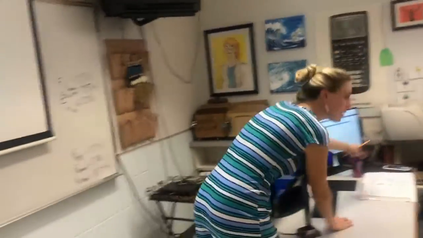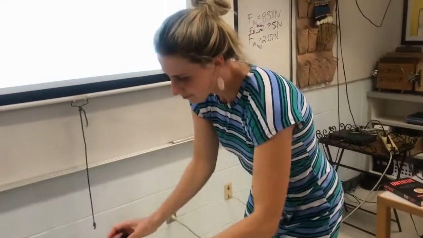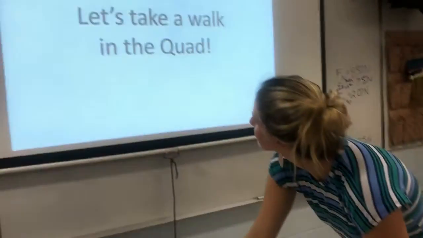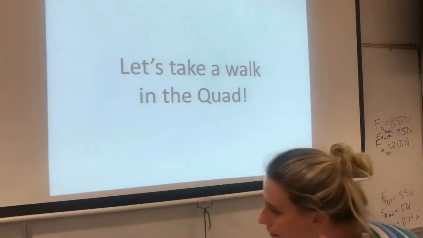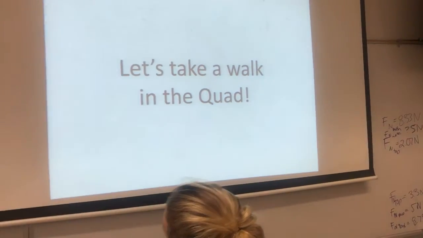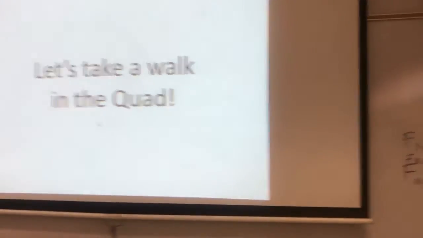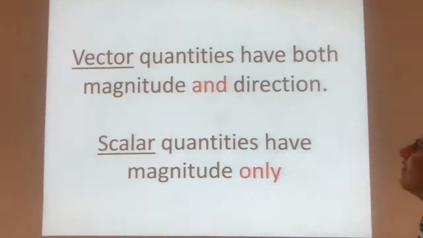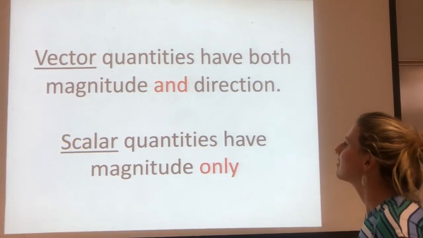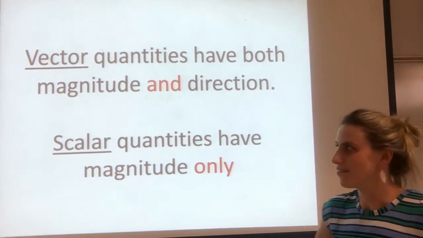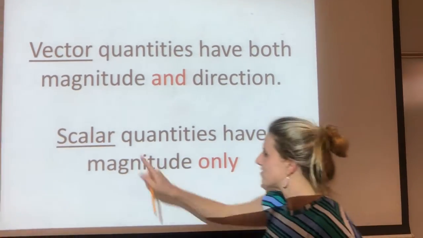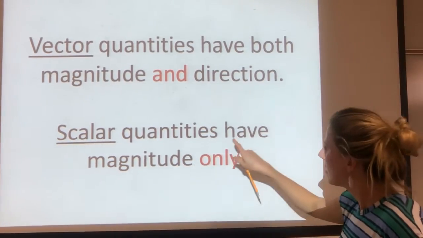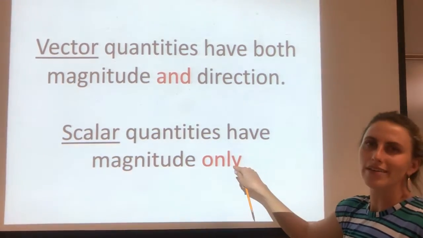Okay. Where do we leave off? Come on. There it is. Vector quantities have both magnitude and direction, whereas scalar quantities have magnitude only.